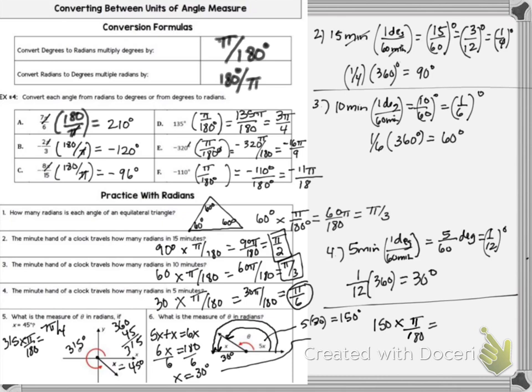If I reduce that, that gives me 15 pi over 18. Reduce that by 3, I get 5 pi over 6. So my measure of angle theta is 5 pi over 6. Okay. So that's this answer, and then that's the answer to this.